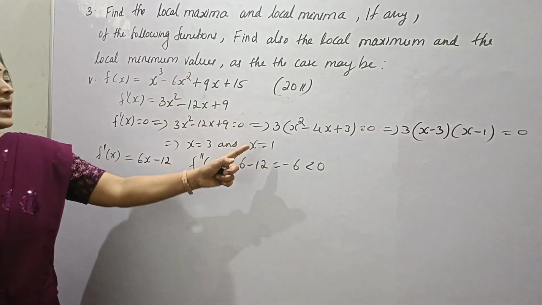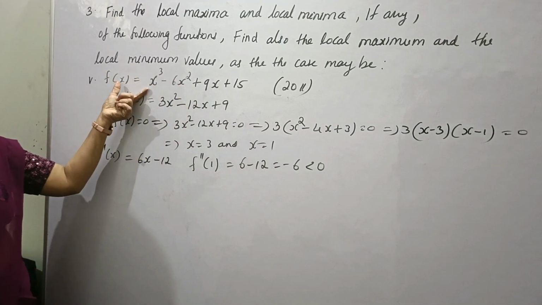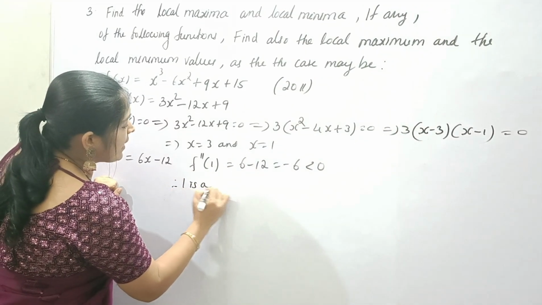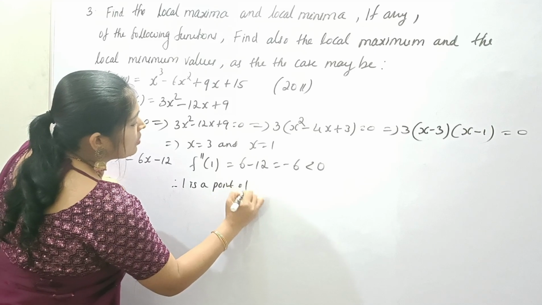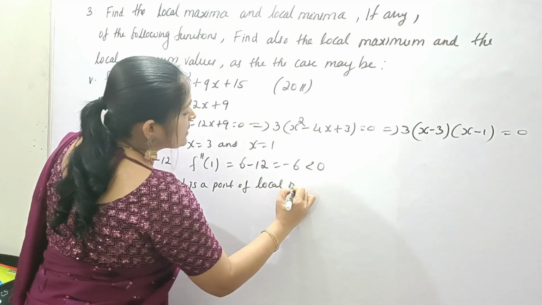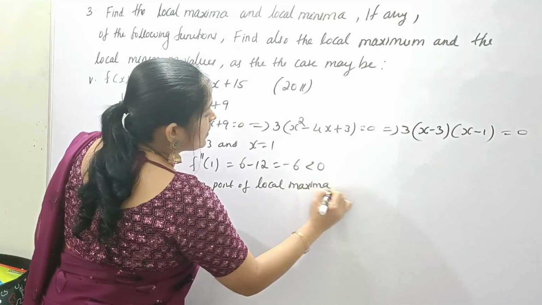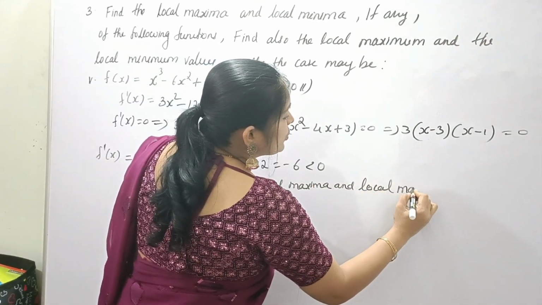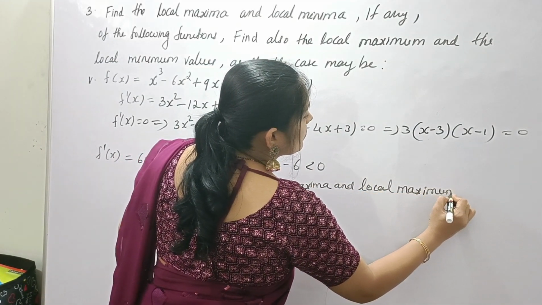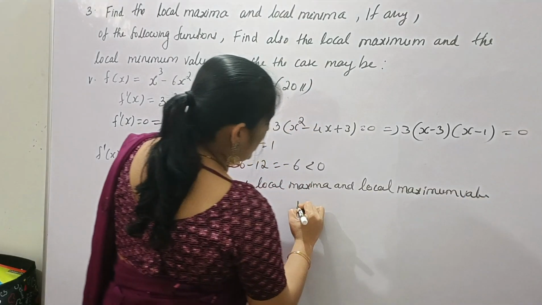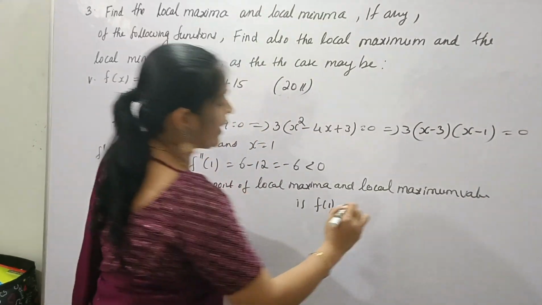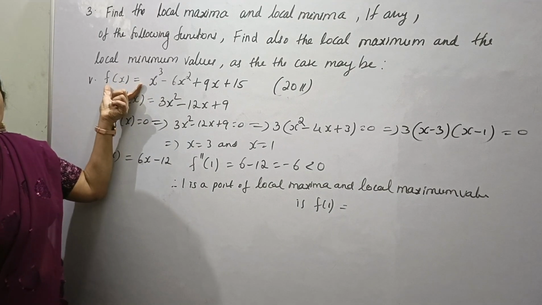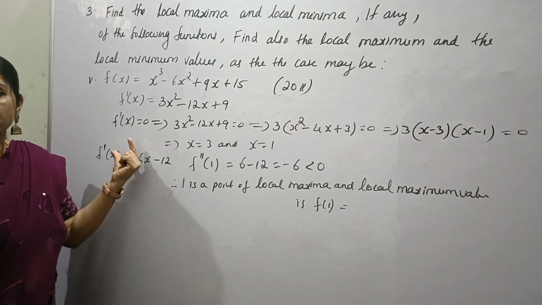Okay, and the local maximum value is when we substitute x is equal to 1 in f of x. Therefore, 1 is a point of local maxima and local maximum value is f of 1. Okay, substitute x is equal to 1 in f of x, not f dash of x or f double dash of x.